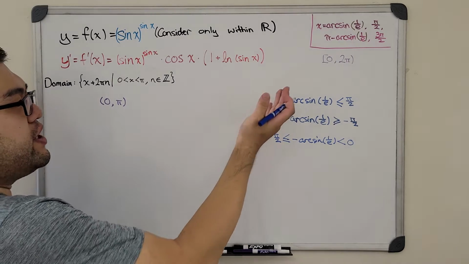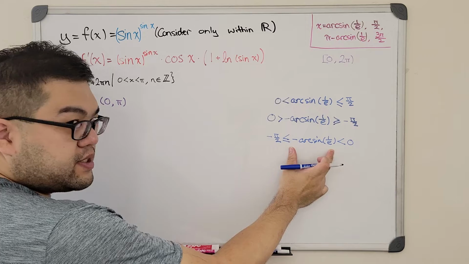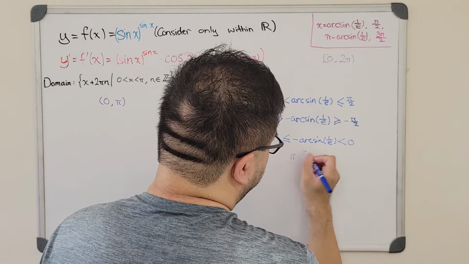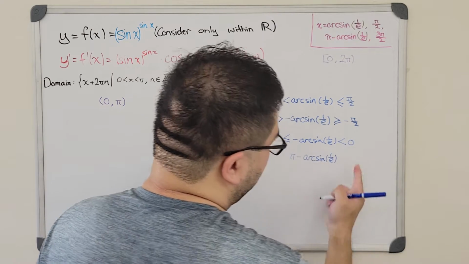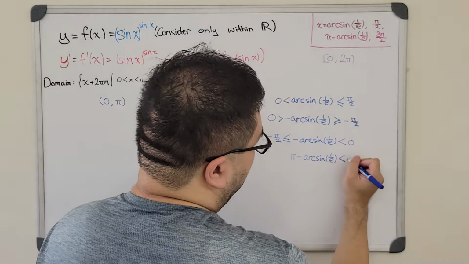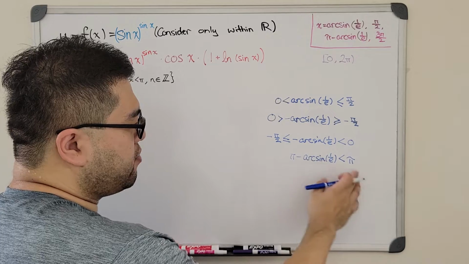So if we consider this value, pi minus the sine inverse, we're going to add pi on both sides, which gives us the right end, what we just claimed, has to be strictly less than pi, because now we add pi on both sides.